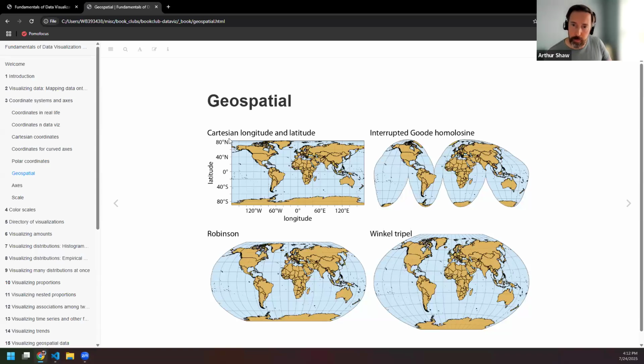You can map things out in a Cartesian way, where you've got in effect an x and y axis with latitude here, longitude here, or you could have different projections, as they're called, different ways of viewing coordinates in a different coordinate system. So you have the Robinson coordinate system and other coordinate systems, Mercator and others that aren't pictured here.